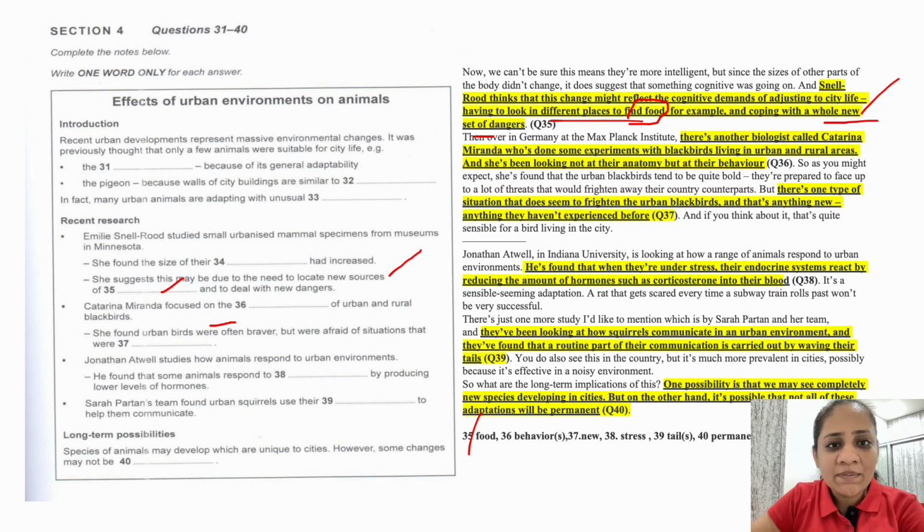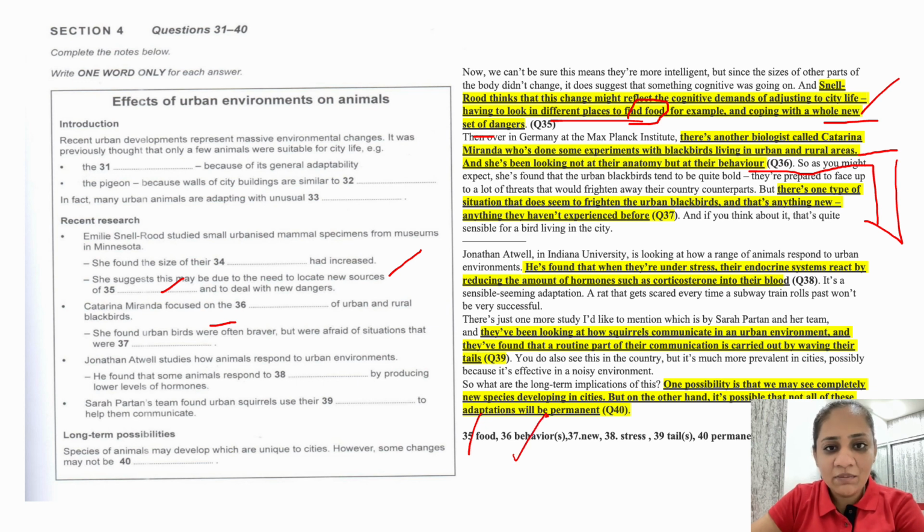Miranda, who did the experiment with the blackbirds living in urban and rural areas, has been looking not at their anatomy but at their behavior. So what's the answer? The answer is behavior, because she's been looking not at their anatomy but at their behavior. So my answer to 36 is behavior.